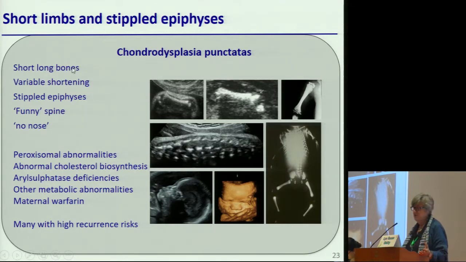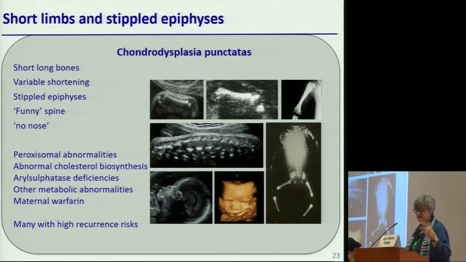So, short long bones, with variable degrees of shortening. Rhizomelic chondrodysplasia punctata, for example, has very short humeri, and others have mesomelic shortening. But a classic example of a chondrodysplasia punctata would be a presentation with short limbs, a funny spine, and no nose.